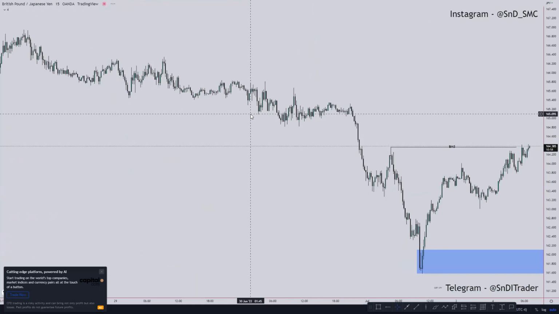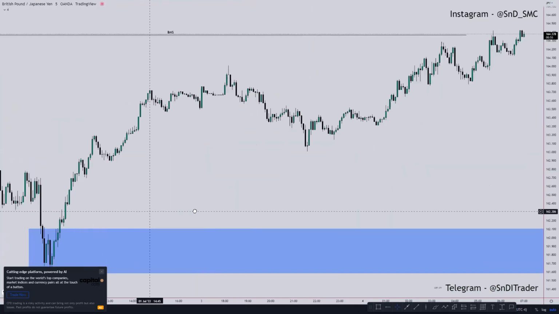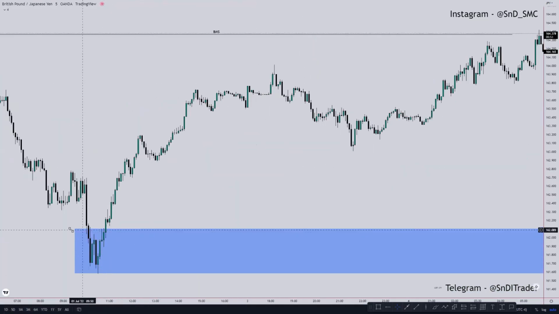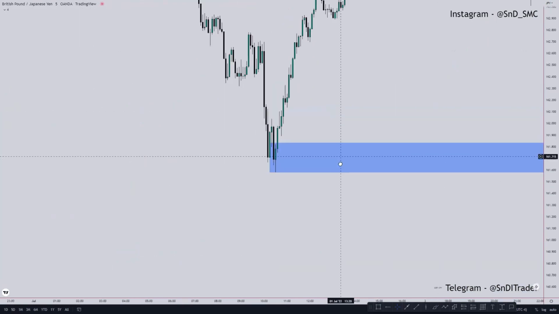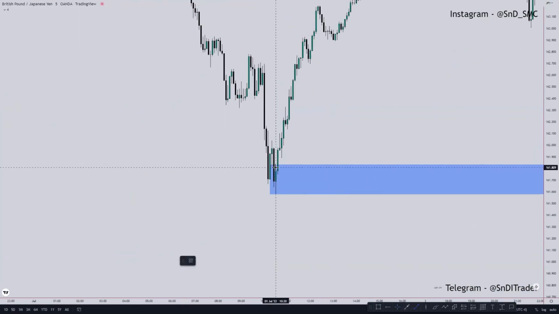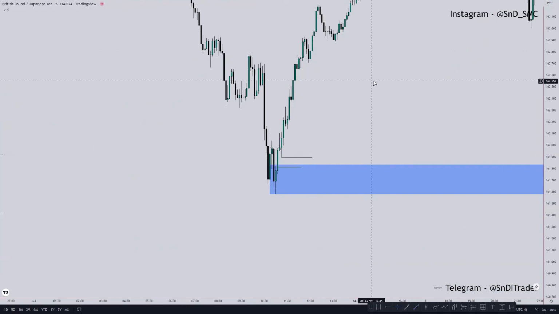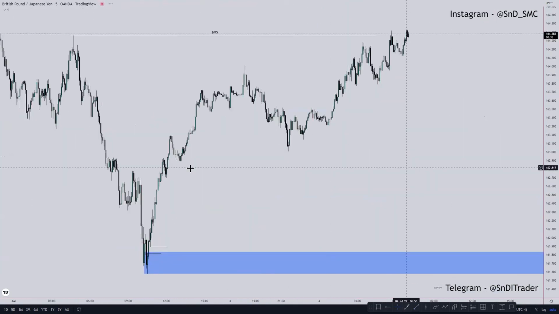And let's just go on the 5-minute time frame. So you see, this is the last candle. Just above this last candle, we have some sort of fair value gap here. So I will select this zone as my point of interest here.